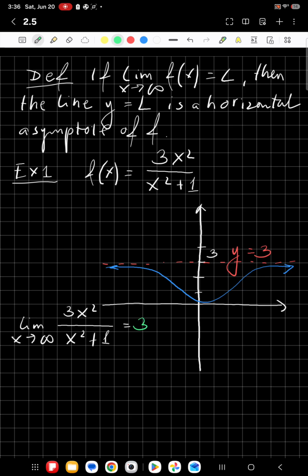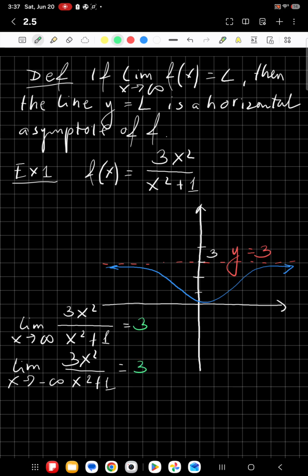And I'll show you an algebraic way to figure it out. We could have positive infinity, and we could have negative infinity, and the limit of 3x squared divided by x squared plus 1 is also 3.